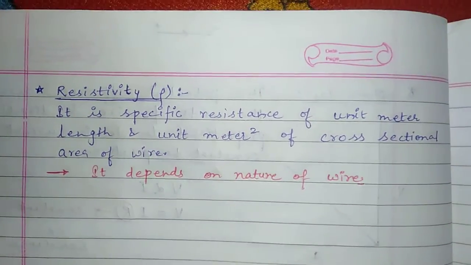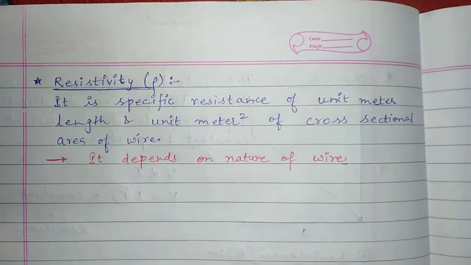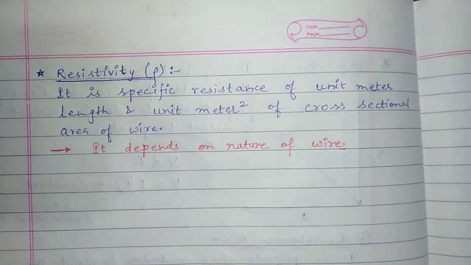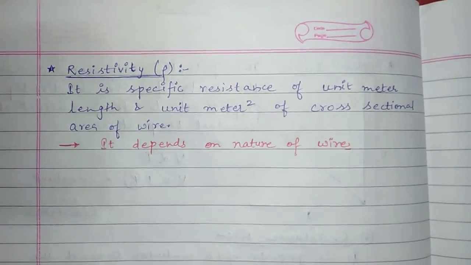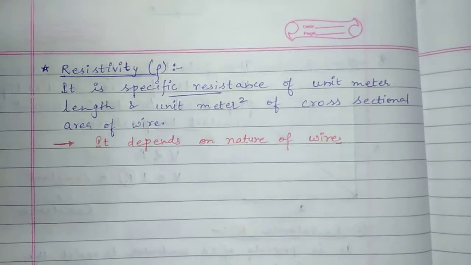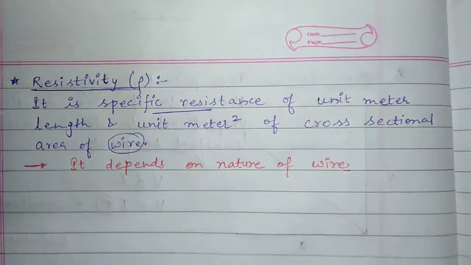Then student, this is the last point of this video: the resistivity. Rho is what we were talking about. So what is rho? Rho is the specific resistance. In a very simple definition, we can say it is the specific resistance of a wire.